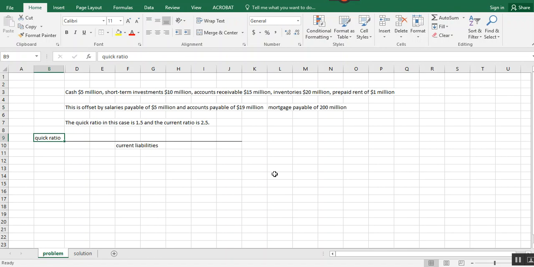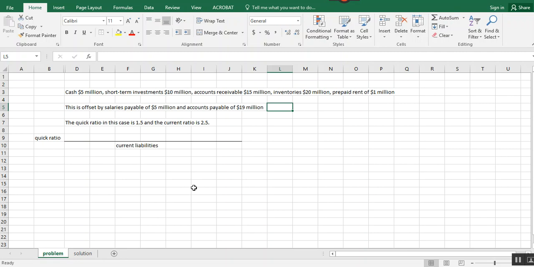The quick ratio is not about long-term liabilities, notes payable, or mortgage payable. It's strictly focused on short-term current liabilities and super short-term current assets. It's so short-term that it says inventory cannot easily be turned into cash.